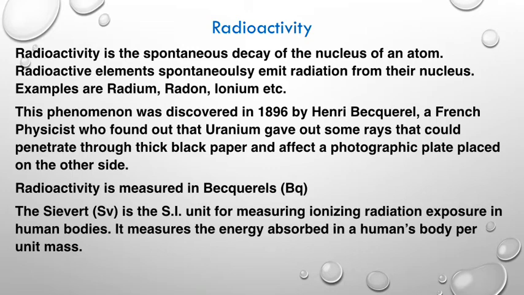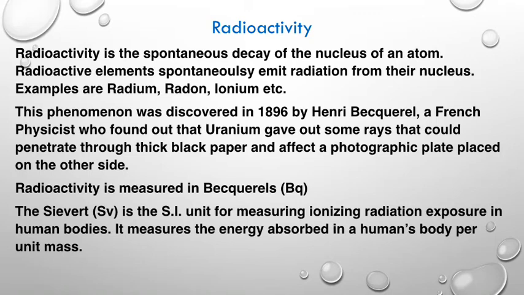The phenomenon of radioactivity was discovered in 1896 by Henri Becquerel, who was a French physicist. He found out that uranium gave out some rays that could penetrate through thick black paper and affect a photographic plate placed on the other side. That's why radioactivity is measured in becquerels, because he was the one that discovered it.